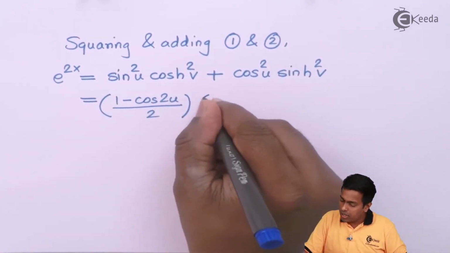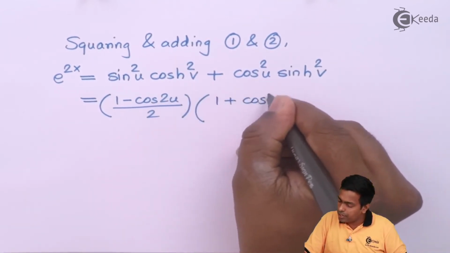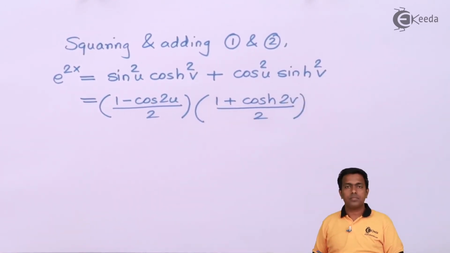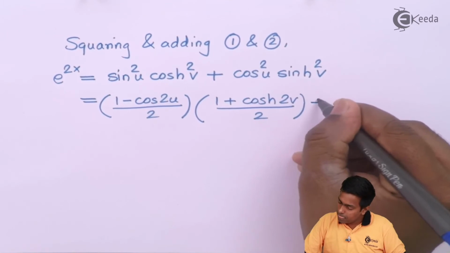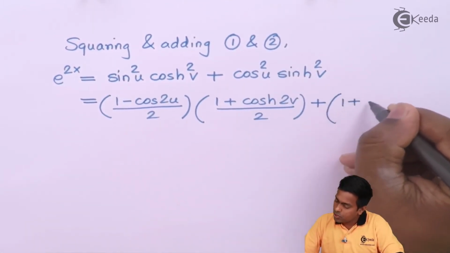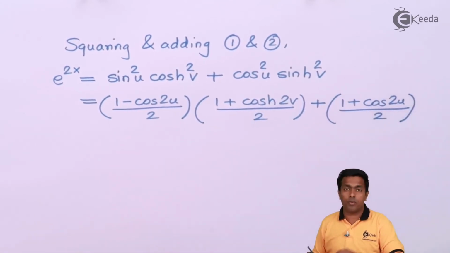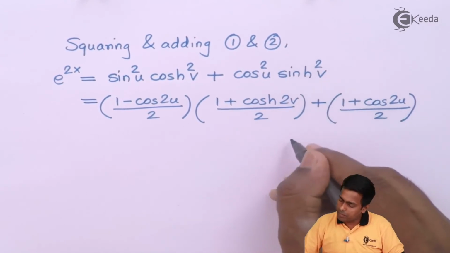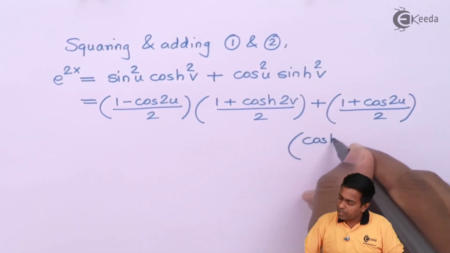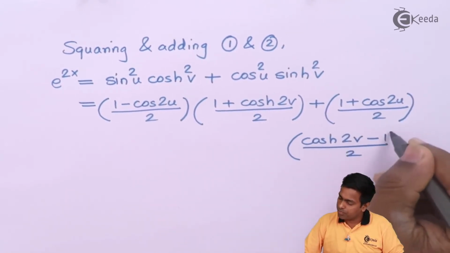Next, for hyperbolic cos square we will use the formula of 1 plus hyperbolic cos of 2v upon 2, plus here for cos square u we will use 1 plus cos of 2u upon 2. That is the formula from trigonometry. And for this hyperbolic sine square we will use the formula of hyperbolic cos 2v minus 1 upon 2.